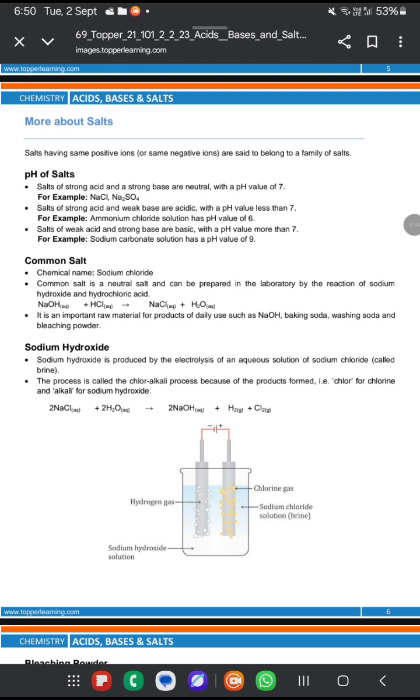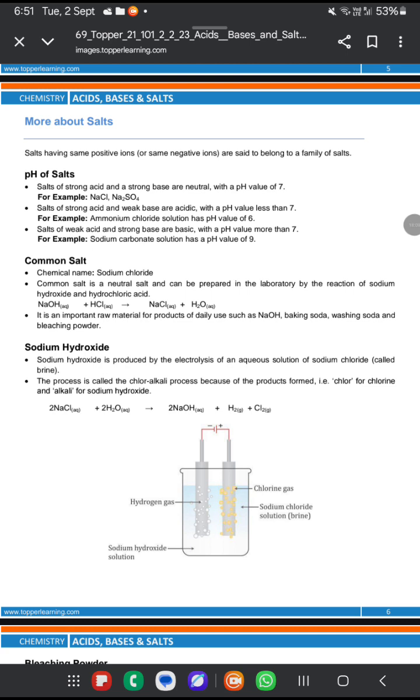Common salt, chemical name sodium chloride. Common salt is a neutral salt and can be prepared in the laboratory by the reaction of sodium hydroxide and hydrochloric acid.